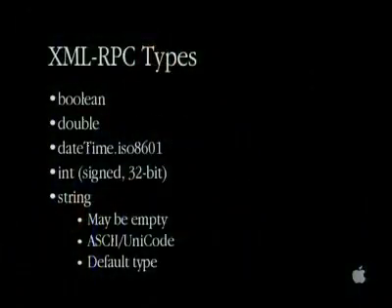XML RPC supports a very simple set of base primitive types: Boolean, double, datetime, integers, strings. They are typically getting more and more support from underlying XML RPC parsers to support Unicode.